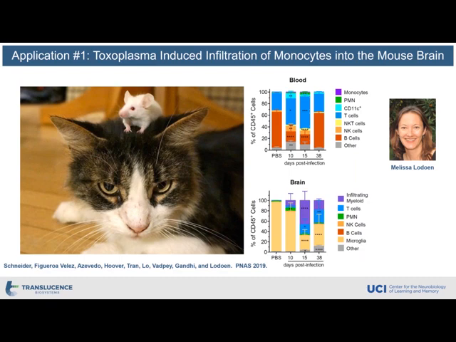Perhaps certain circuits were spared and certain circuits were affected, and this might help us understand some of the behavioral impairment that people have documented in mice during toxoplasma infection. So we turned to brain clearing to help us look for those patterns of neuroinflammation.